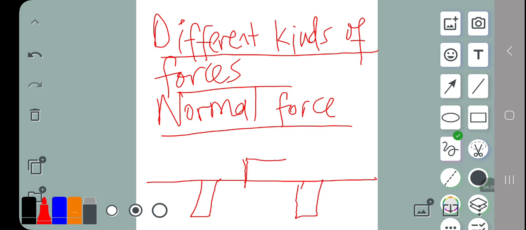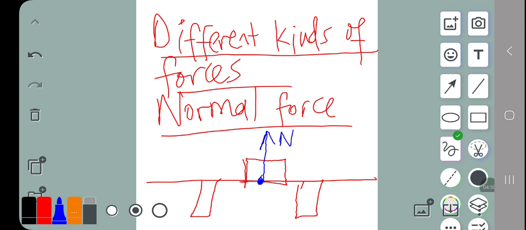I'm having this book, a box. What you must know is that the normal force is exerted from the surface, which means it comes from this surface, as you can see here. Then it must be perpendicular to the surface. So this one is an example of a normal force.